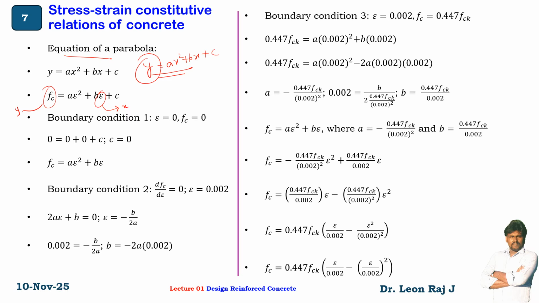We need three boundary conditions to solve the three constants A, B and C. Boundary condition 1: stress equal to 0, strain equal to 0. In that case, the constant C is equal to 0. Boundary condition 2: the rate of change of stress with respect to strain equals 0 when the strain is maximum.